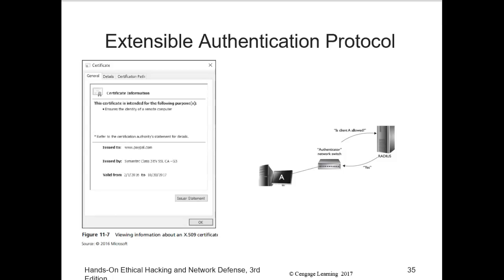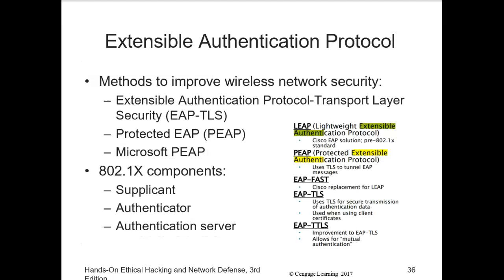So the hardwired computer or a wireless access point can reach out to the authentication network before it allows you access to a RADIUS server, which is going to take care of that authentication and pass back yes, allowed. Okay, very interesting. Now, the following EAP methods can be used to improve security on a wireless network, right?